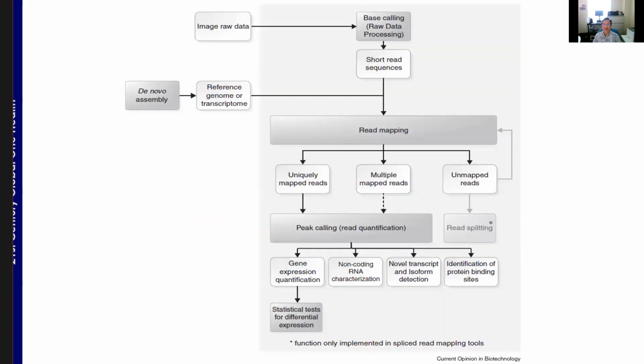And that's the overall map of the resequencing analysis. You have the raw data and the short reads, and you want to do the so-called read mapping, and then the downstream analysis will be based on the mapping results.